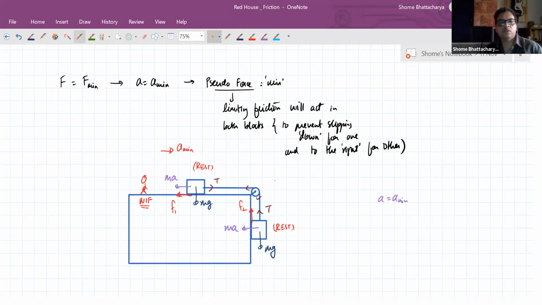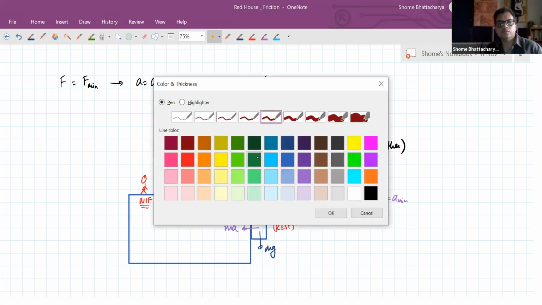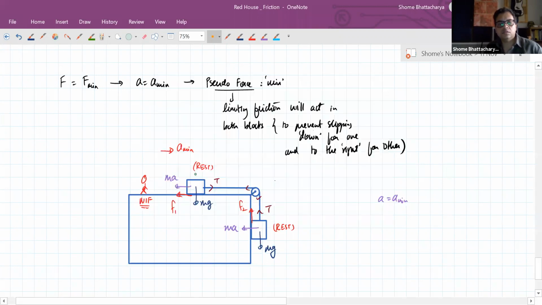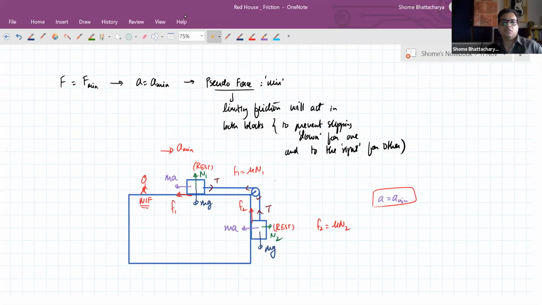And finally, there are some normal reactions acting between the surfaces. So let's say this is N1 and this normal reaction here is N2. So that tells me that this being limiting friction, F2 should be equal to mu N2. And this also being limiting friction here, F1 should be equal to mu N1 when this is happening. Okay. So hope this is clear to all of you.